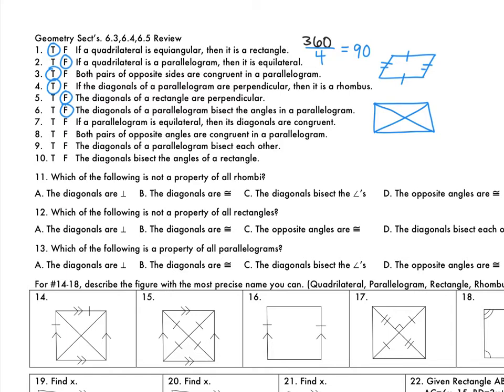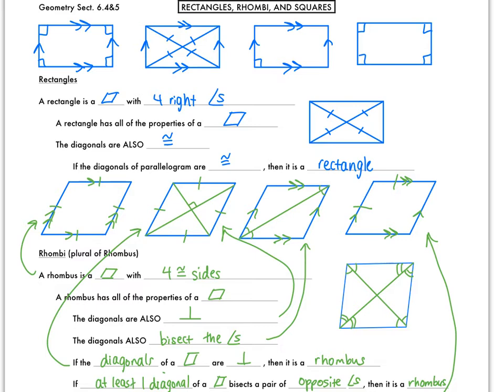Number seven, if a parallelogram is equilateral, then its diagonals are congruent. So that's going to be false. So an equilateral parallelogram would fall under the category of either a rhombus or a square. But in a rhombus, the diagonals are not necessarily congruent. So we can look back at the note sheet again and see that we have these diagonals here and they still bisect each other.